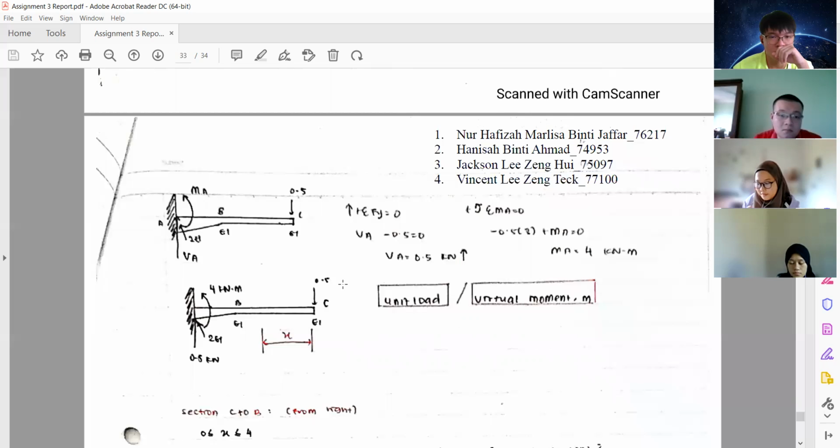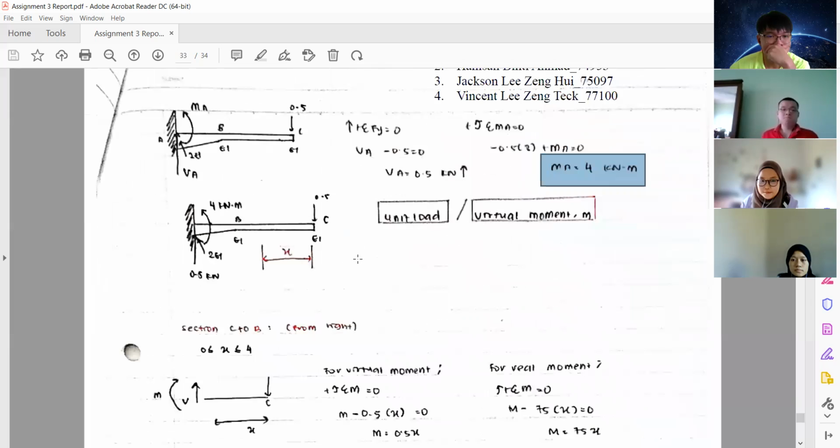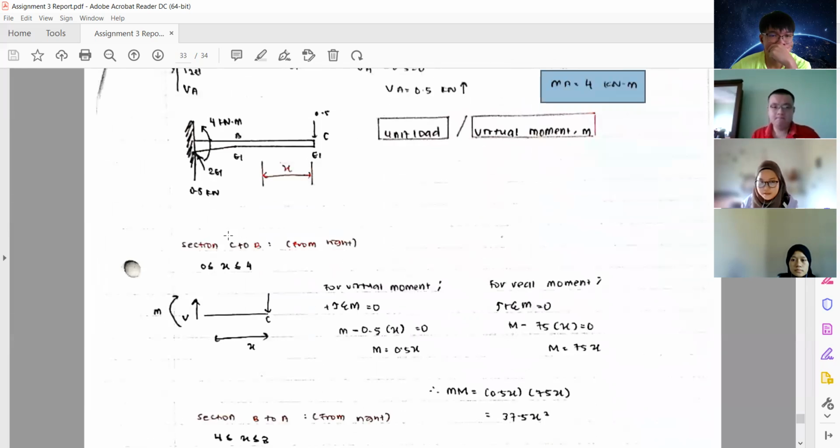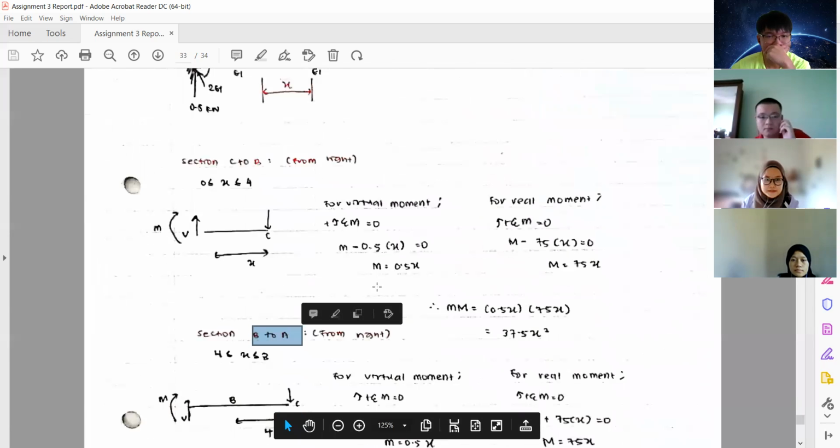And for the virtual moment, I get 0.5 and also 4 kilonewton for the moment at A. So we can divide them into two different sections, which are section C to B and also section B to A, and calculate the virtual moment and also the real moment.